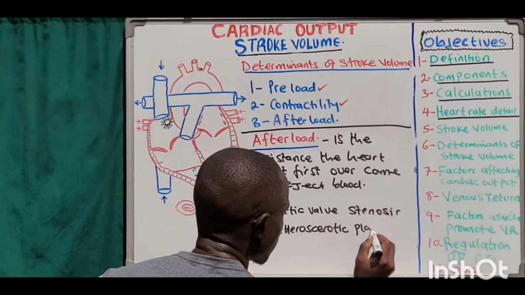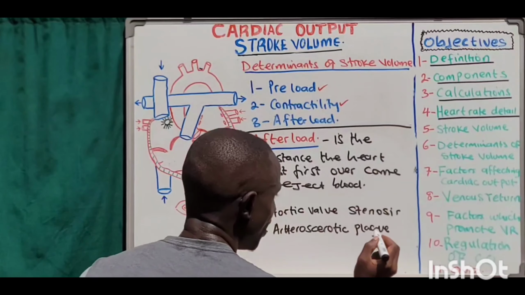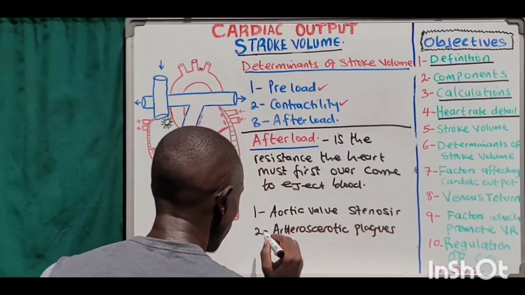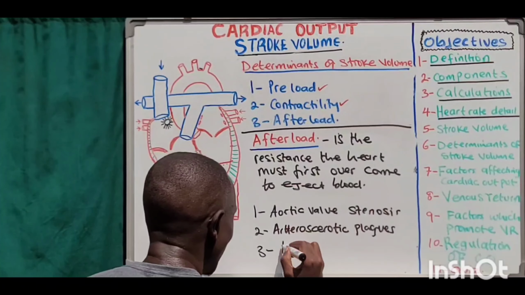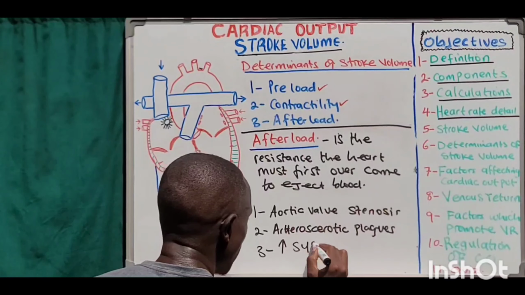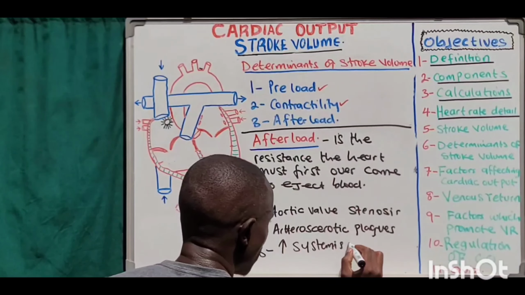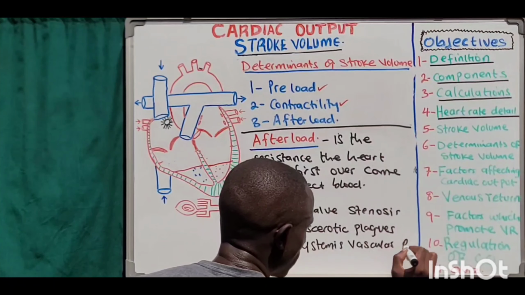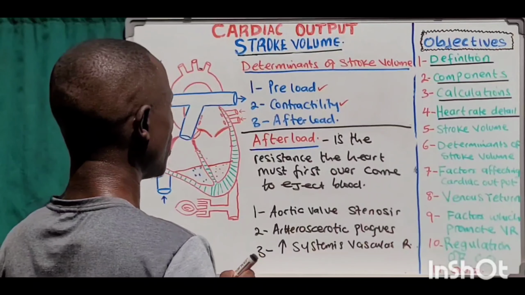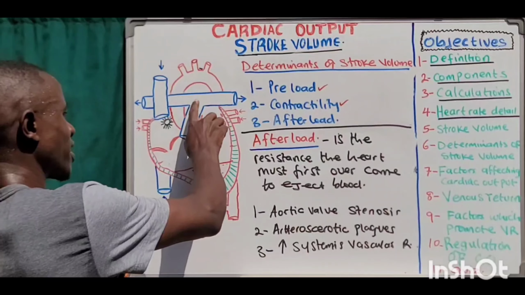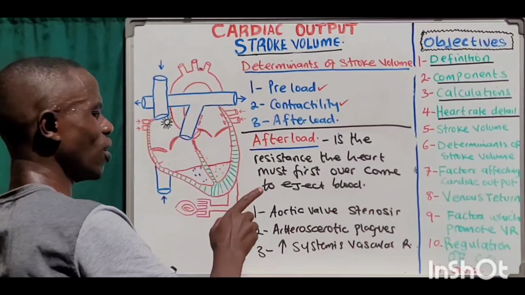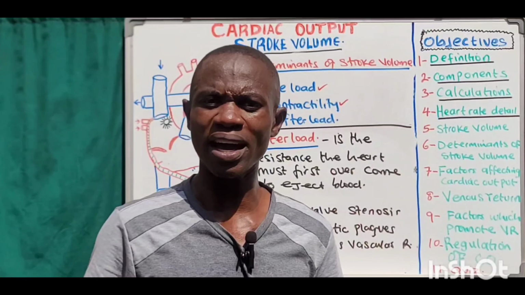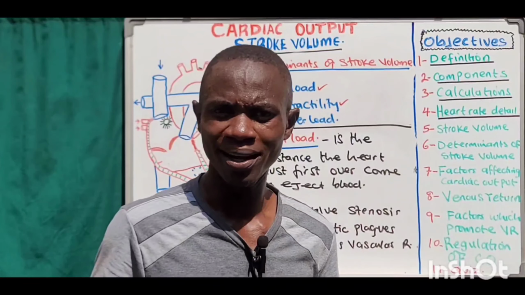Then we looked at another one: atherosclerotic plaques, which can occlude the aorta, increasing the resistance to outflow of blood from the ventricles. And then the last one, we said anything that increases systemic vascular resistance. Now, anything that increases the pressures within the pulmonary circulation, or pulmonary hypertension, will also increase afterload, especially in the right ventricle.